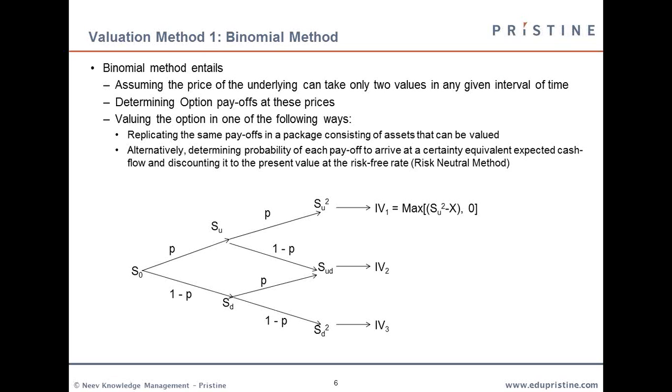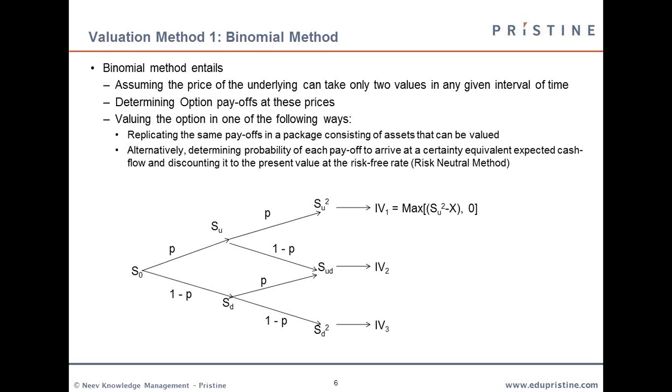So yeah, first method, binomial method. Here, let's start with the assumptions. What we assume is that an asset can only take 2 values at any point of time. For example, let's say the price today of an asset is S0. Here we are considering stock options. So let's say the price of the stock today is S0. After some duration, it can have only two values according to our assumption. We'll say SU is the one which is higher than S0 and SD is the value which is less than S0.